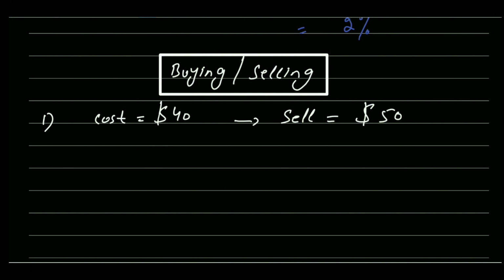We have to find the percentage profit. We can see the profit is 50 minus 40, which is $10.